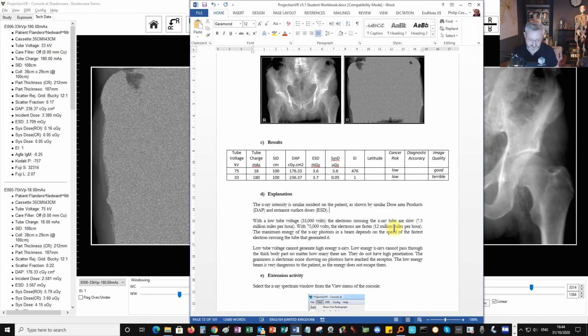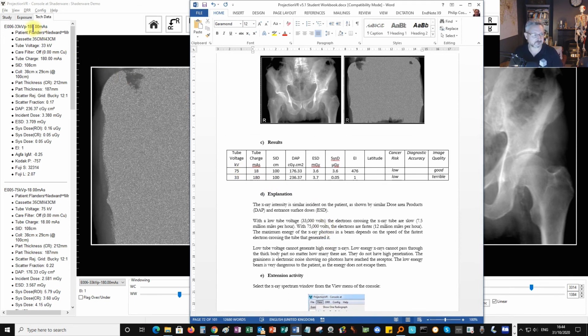You'll see radiographers making adaptations to both the tube voltage and the tube charge. But the tube voltage only needs to be increased or decreased if the body part thickness is significantly larger or significantly thinner than the standard. Tube charge is used for fine adjustments. Tube voltage is used for gross adjustments, I would say.